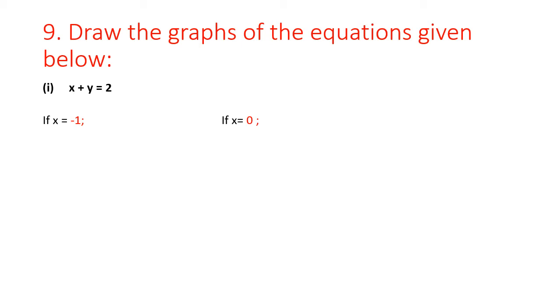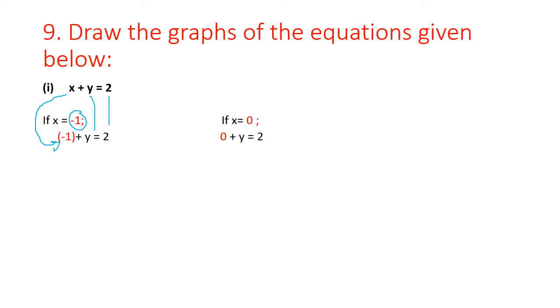So what we do here is we take these values and substitute them in the equation. See children, do not get confused. What I have done here, if you look carefully, is this is the equation. Instead of x, I have written -1, since we have considered the value of x as -1. y is as it is and 2 is also as it is.